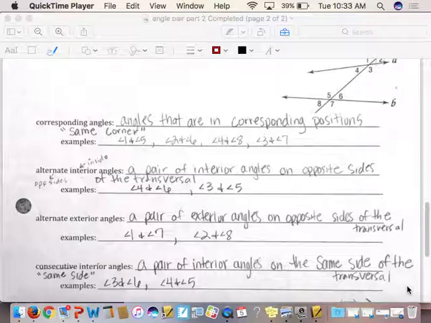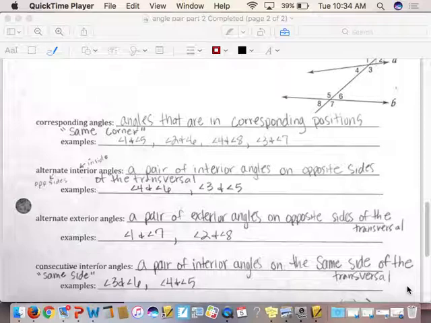So again, those interior angles have to be in between A and B. And so same side interior are going to be 3 and 6 and 4 and 5. Consecutive interior are same side interiors.